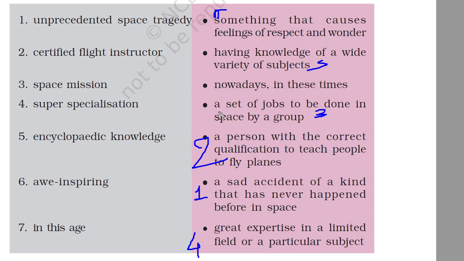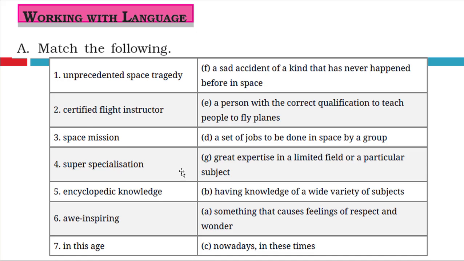And in this age, nowadays, in this time, that will be the last answer. Right? So these are the answers you can select. Let me show you here in a PPT also what to write. You can see here I have selected the correct answers: F, E, D, G, B, A, C. Right? So you can write this way.